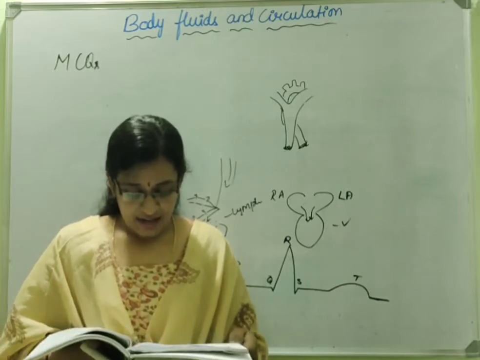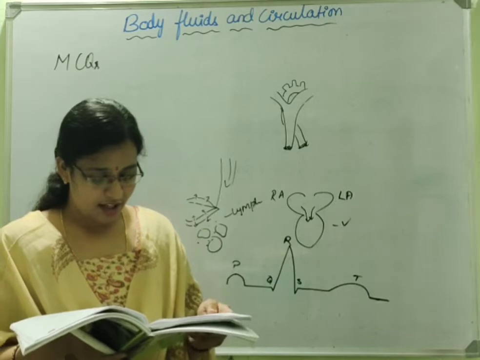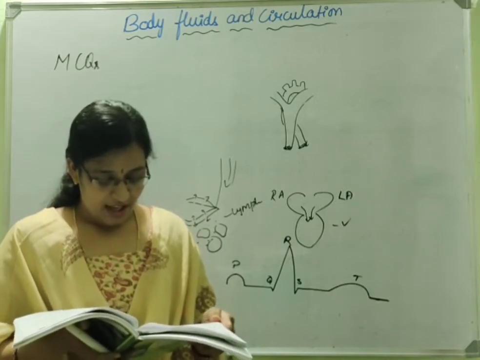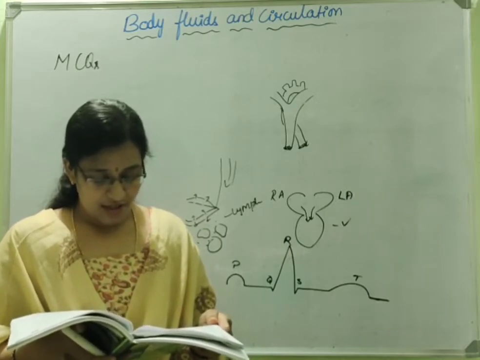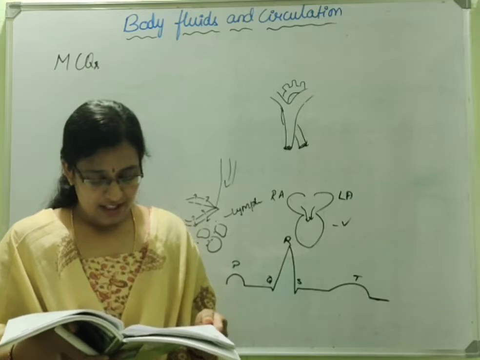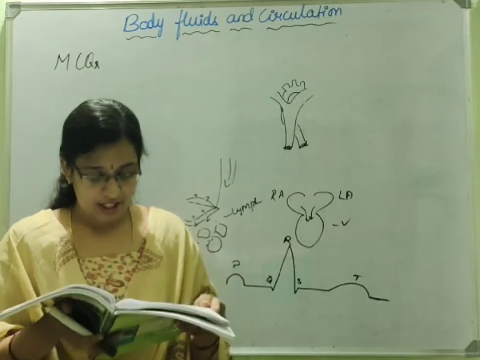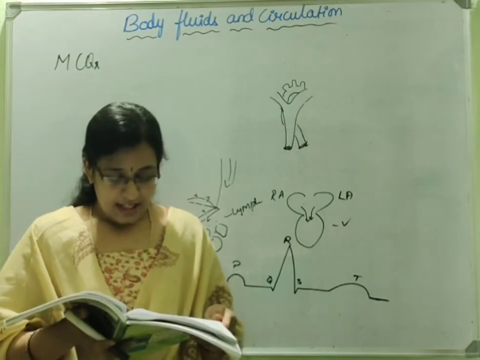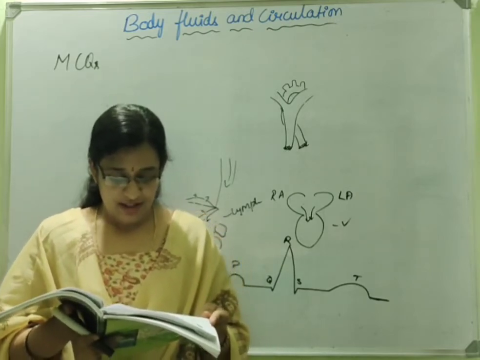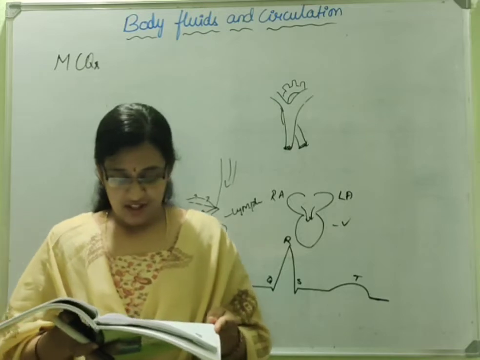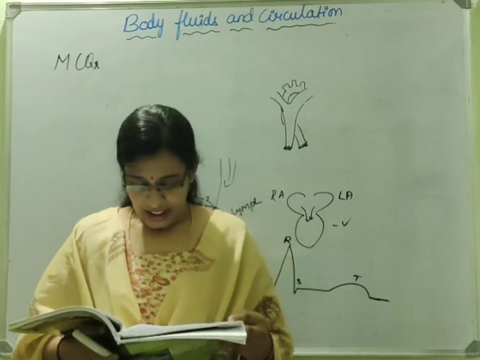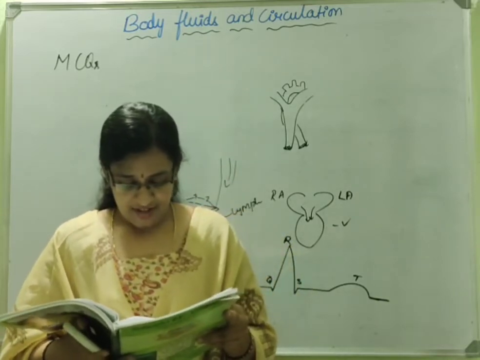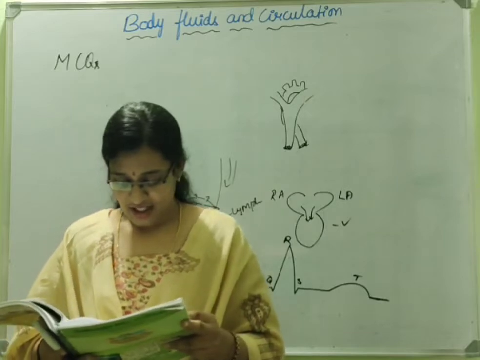Next question. The second heart sound immediately follows the occurrence of option A, QRS wave, B, P wave, C, T wave, D, none of the above. So option C, that is T wave. The lub sound produced during heartbeat is caused by option A, ventricular diastole, B, atrial diastole, C, ventricular systole, D, atrial systole.